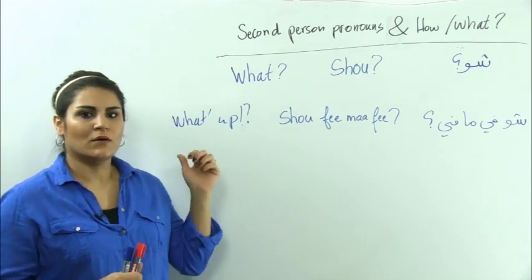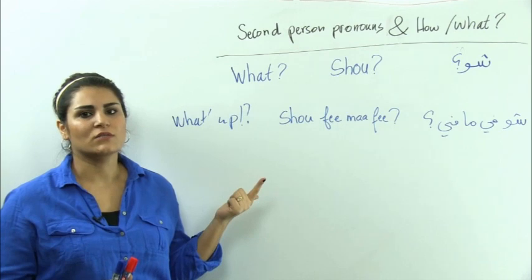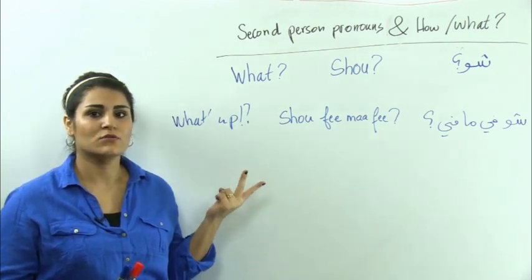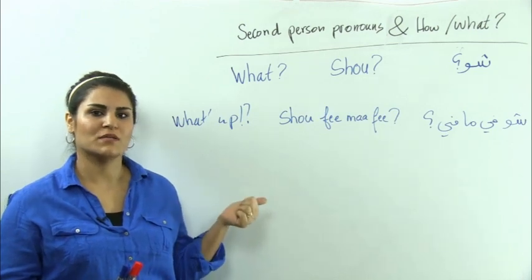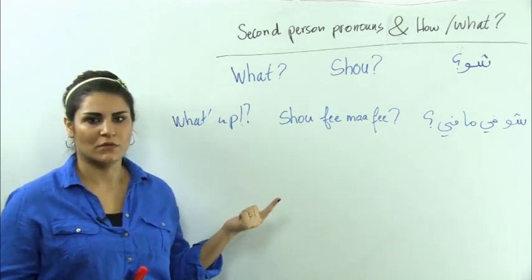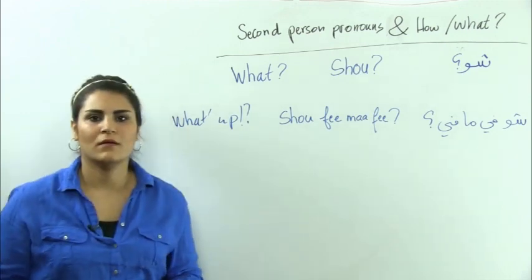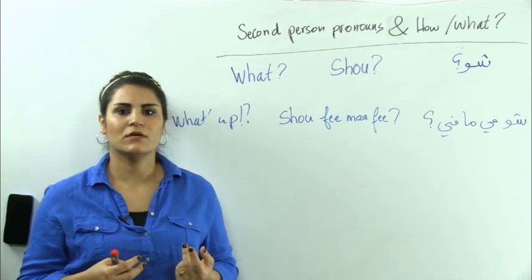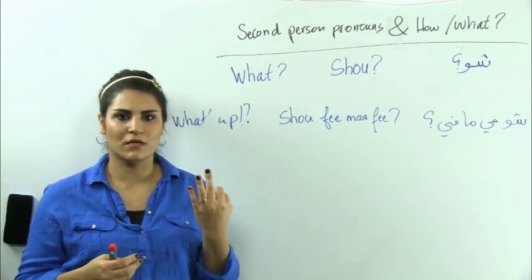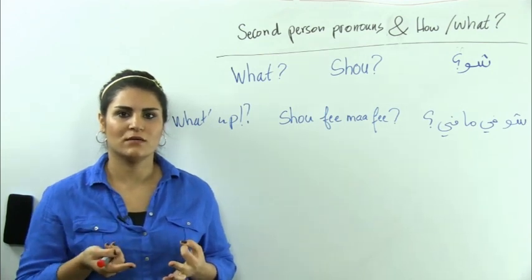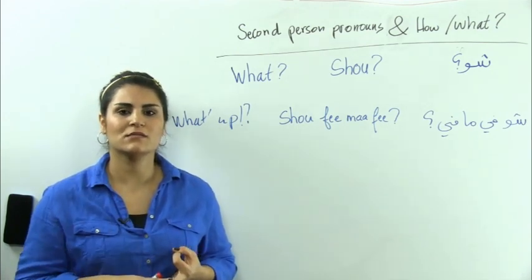Now we learned the questions how and what using the pronoun suffix. And we learned two new words, حال, which means situation and condition, and أخبار, which means news. Before we finish this lesson, I need to remind you of a few things. First, we're going to learn all the pronouns in the coming lessons.